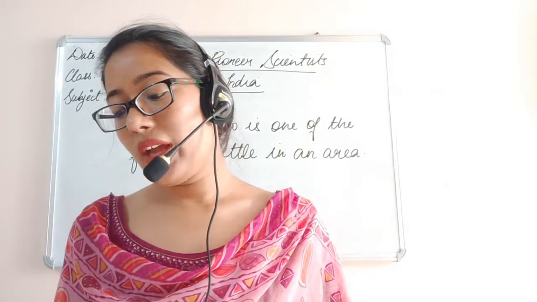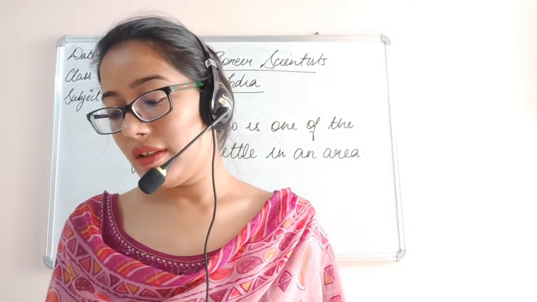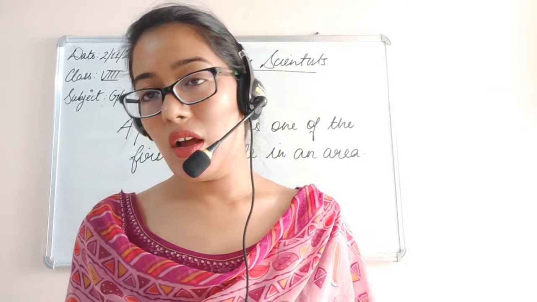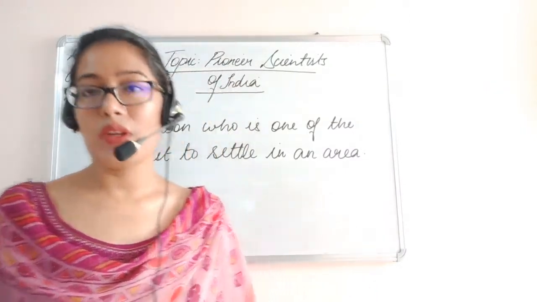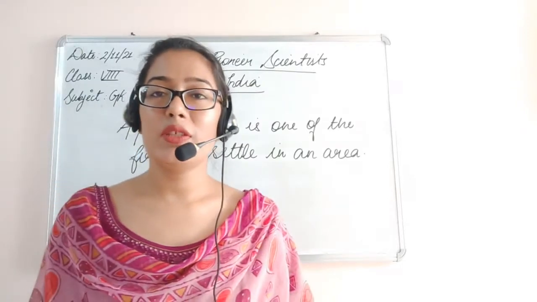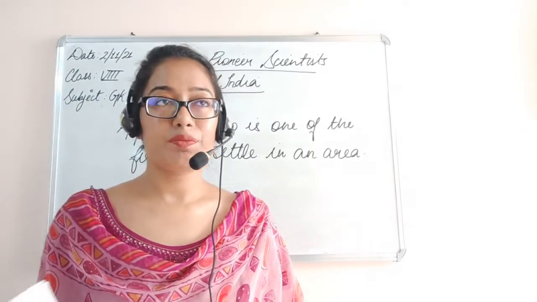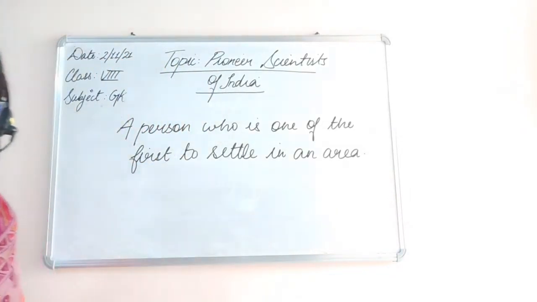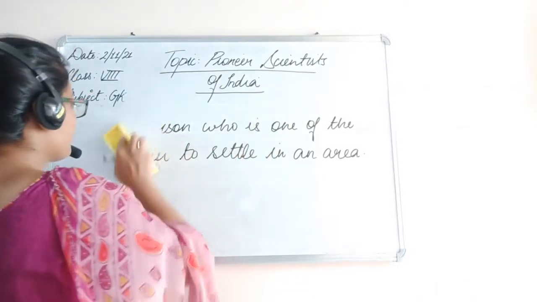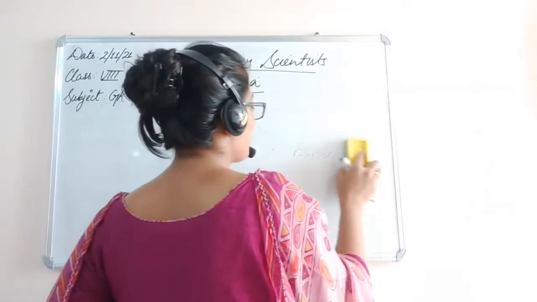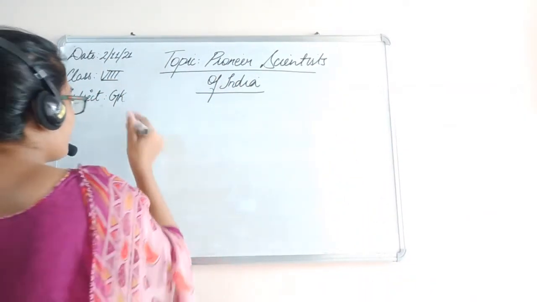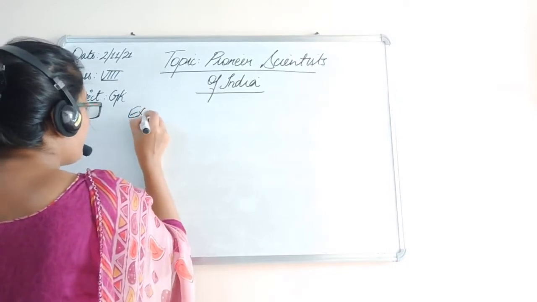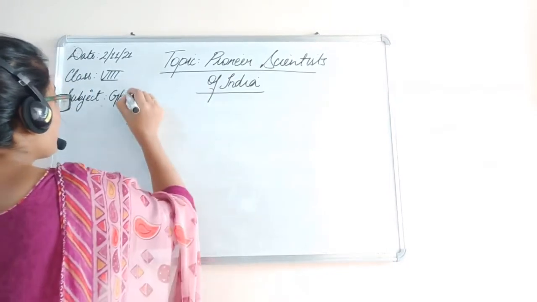He also actively participated in politics along with Gandhiji and G.K. Gokhale. So, who was this person we are talking about? Let me rub it off. So, who is this person that we are talking about?